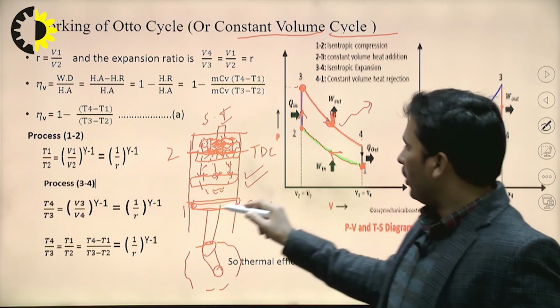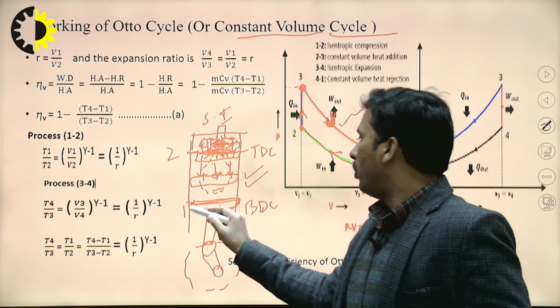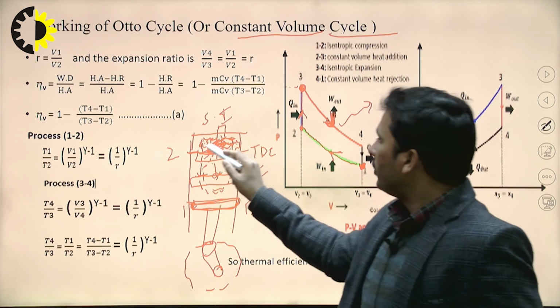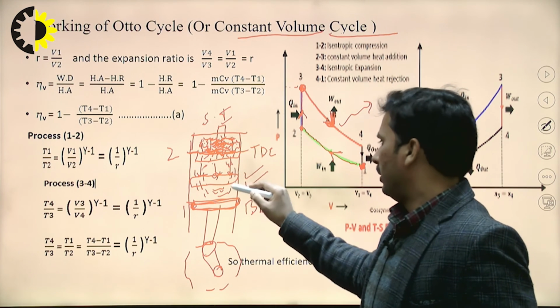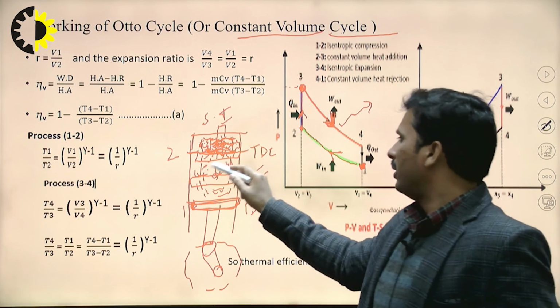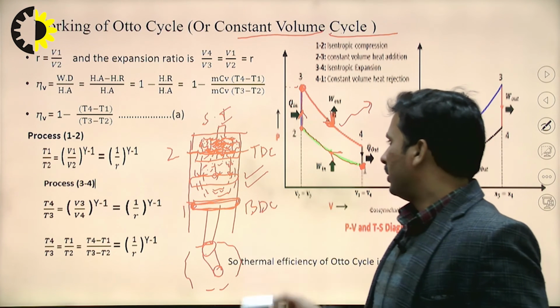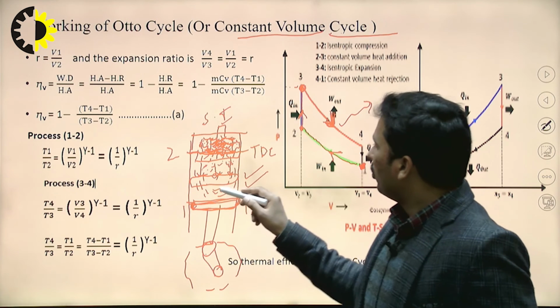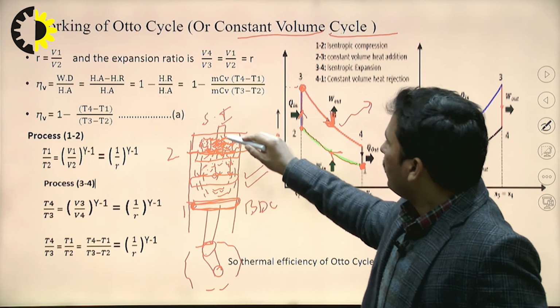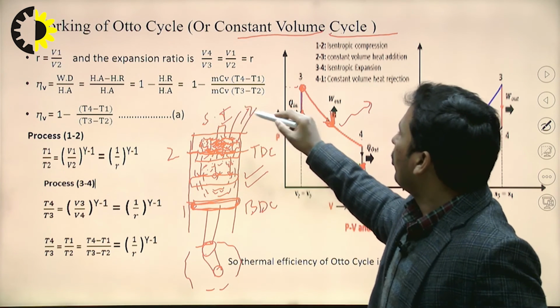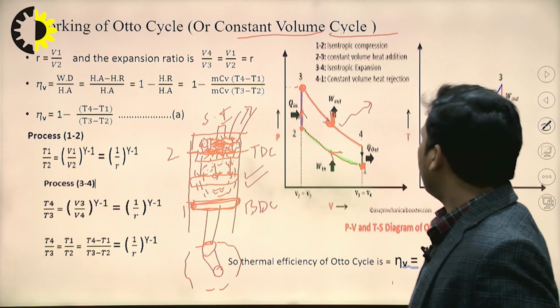And after that, when the piston reaches the bottom dead center, the exhaust gases will be produced, and these gases cannot be used now because the combustion is already completed. So, these exhaust gases will go out through the exhaust valve to the atmosphere.